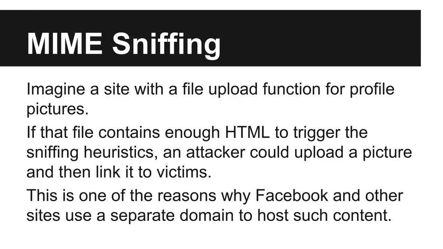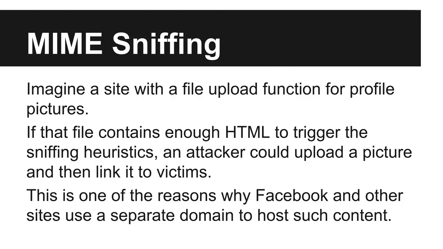So imagine you have a site with file uploads for profile pictures, say Facebook. If that file that you upload contains just enough HTML to trigger those sniffing heuristics, an attacker could upload a picture that contains a lot of HTML and then just link it to their victims as an innocent picture.